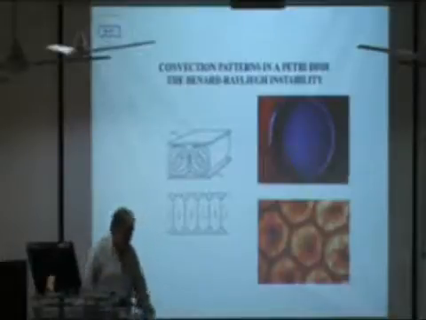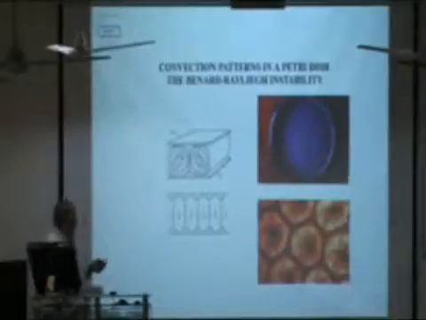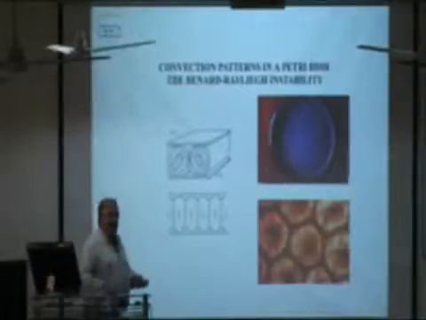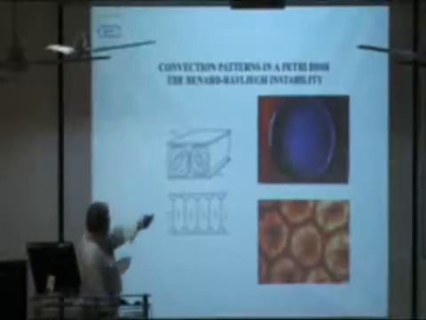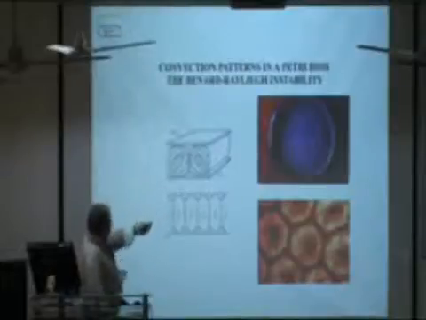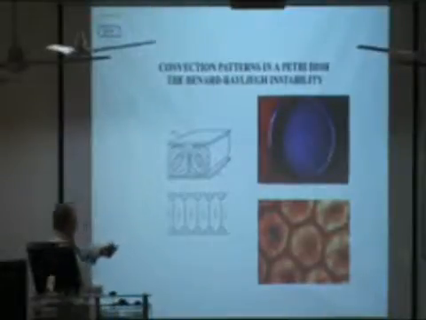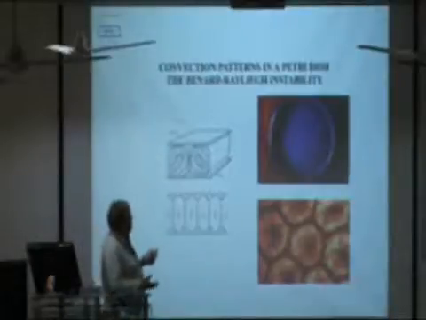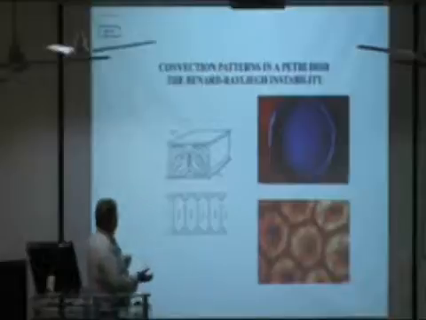Now, first of all, some self-organizing systems. Here we have a self-organized structure, and the energy causing this structure, it's a physical system, is heat. It's convection currents. What you see here is a Petri dish about 8 centimeters across. It contains a thin layer of silicon oil, and it's being heated from below.